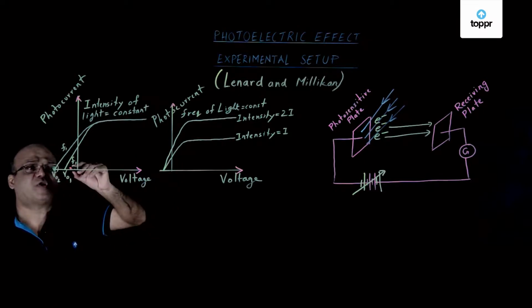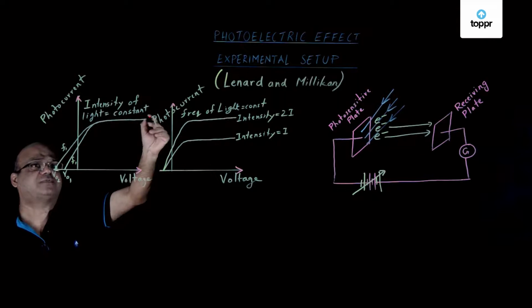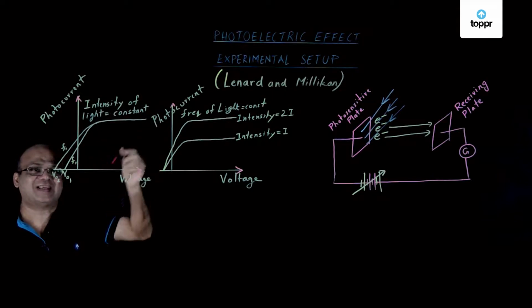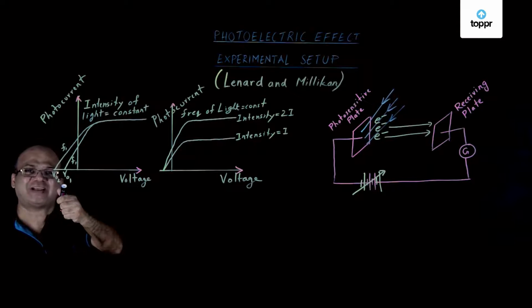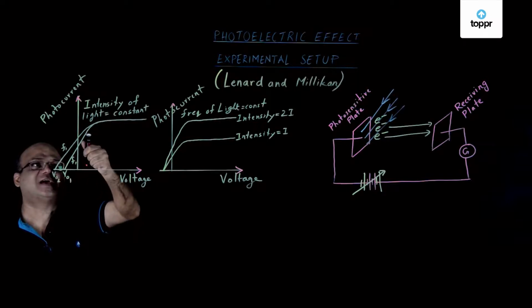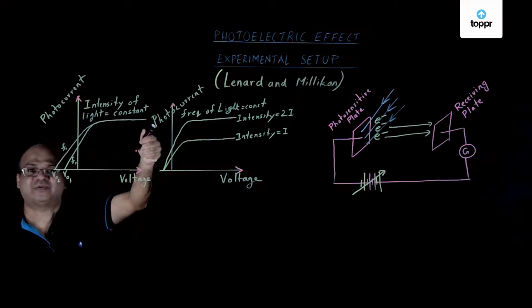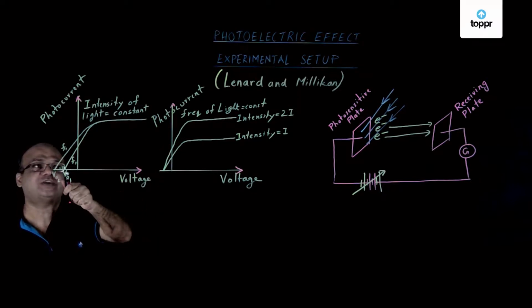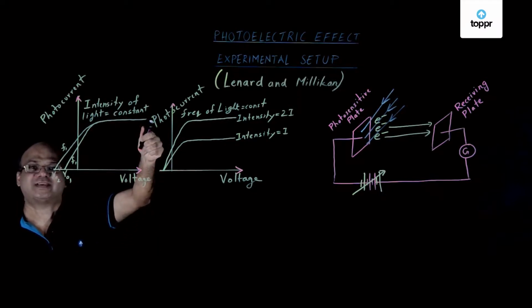Now, for one frequency we get this graph, for another frequency we get this graph. There is some stopping potential at which the current is zero. As you increase the potential from there, current keeps on increasing till it reaches a maximum value, and that is saturation current. So this is stopping potential, this is saturation current.